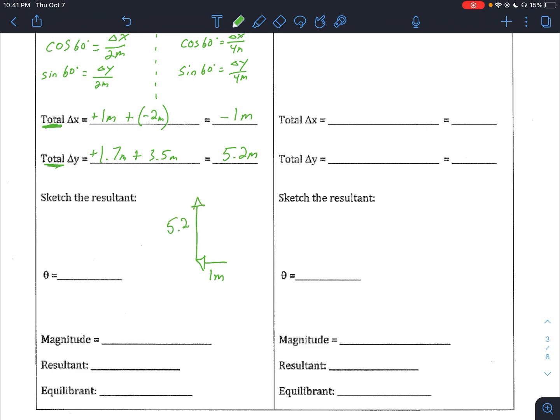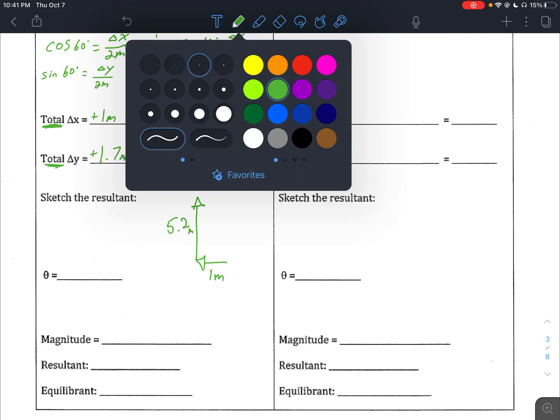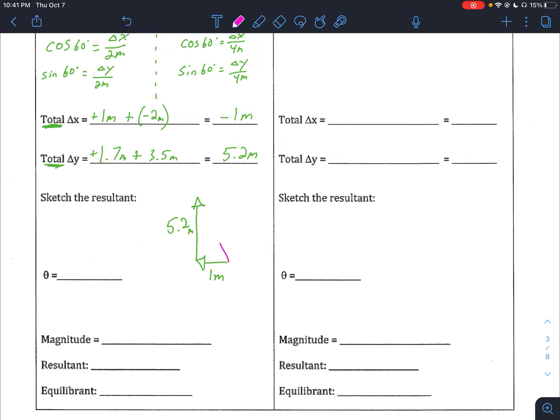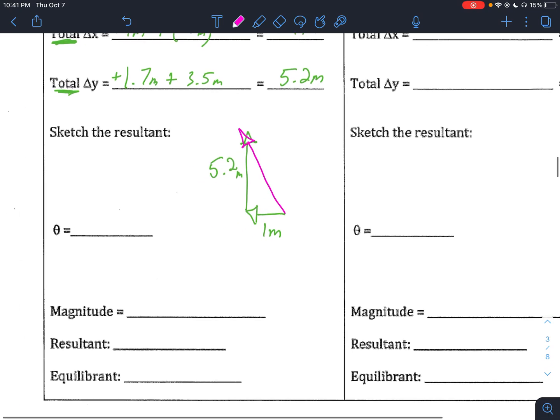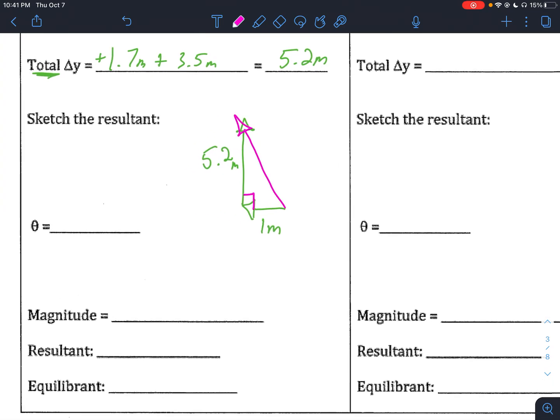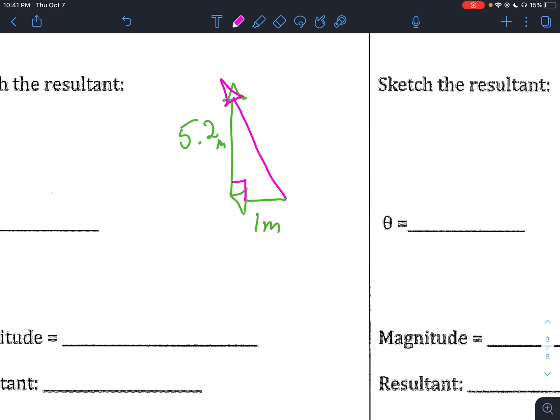And I'm making sure I draw that so it makes sense. And the resultant is my hypotenuse. Not really happy with that line. Let's make it look like a triangle. There we go. Here's my right angle. Not my best work, but anyway.